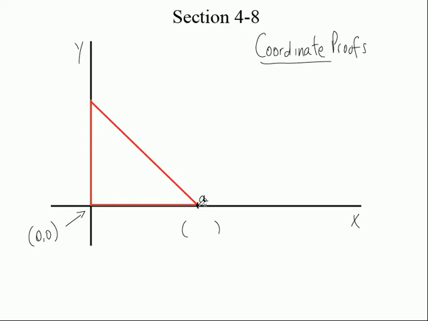It could be 5, could be 7, could be 27. We don't know, so we just named it a. We say the length of this segment right here is a. I'll just put an a right here to represent the length of that segment. So this point would be (a, 0). Make sense? Because if the length of this triangle was 5, then this point would be 5, 0, correct?